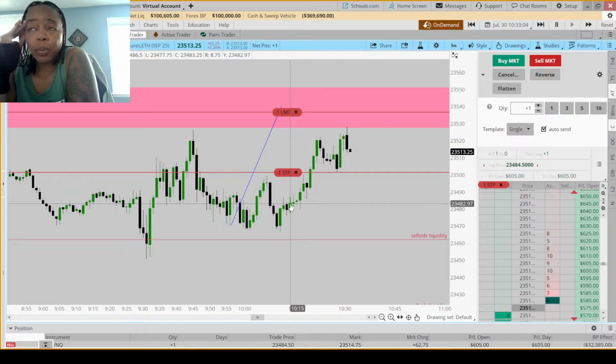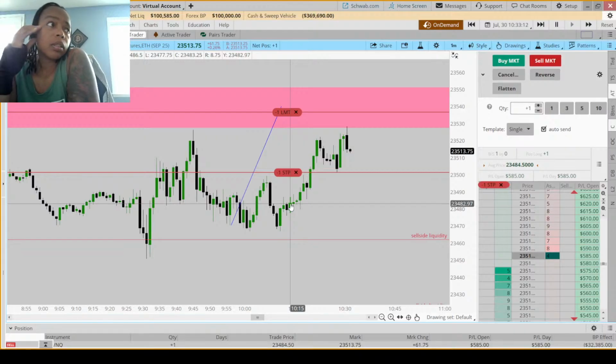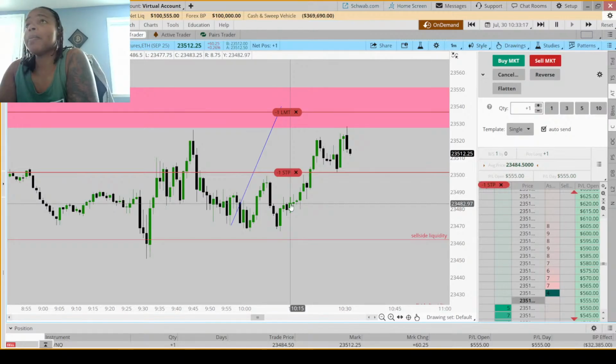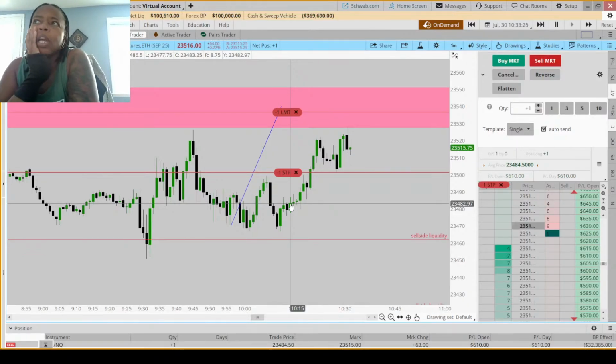And so this is what I'm fighting with: the ability to let the trades play out and not suffocate them. So I'm glad that this on-demand thing does allow me to put the trades on. It just has to be within a certain time frame.